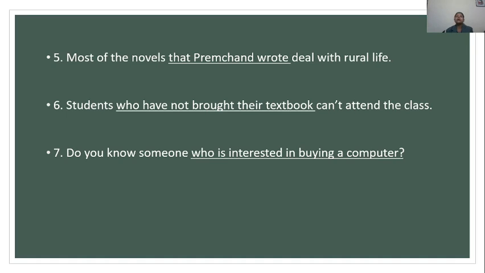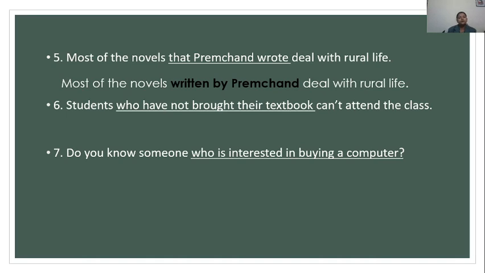But when I say written by Premchand, where is my finite verb in this? Written is the main verb, but the finite verb is missing. So it is not a clause. So most of the novels that Premchand wrote deal with rural life. So that will be: most of the novels written by Premchand deal with rural life.